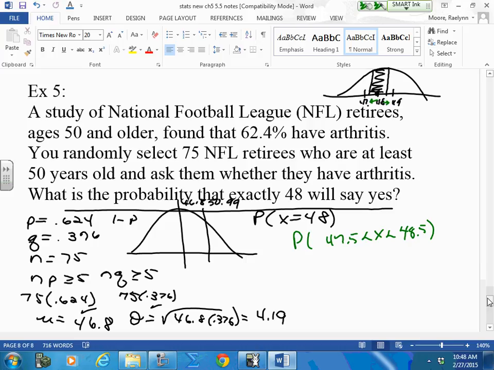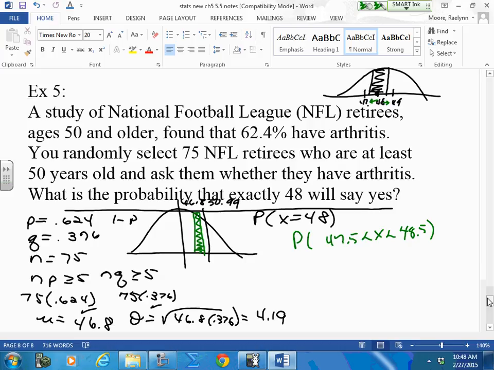I've expanded into a bar. So now, instead of getting one little point here, I'm going to get a bar like this. And that's the area I'm going to find. The area associated with that bracket there, from 47.5 to 48.5.